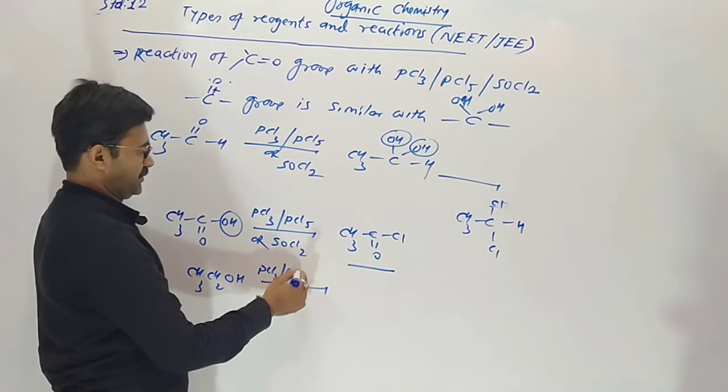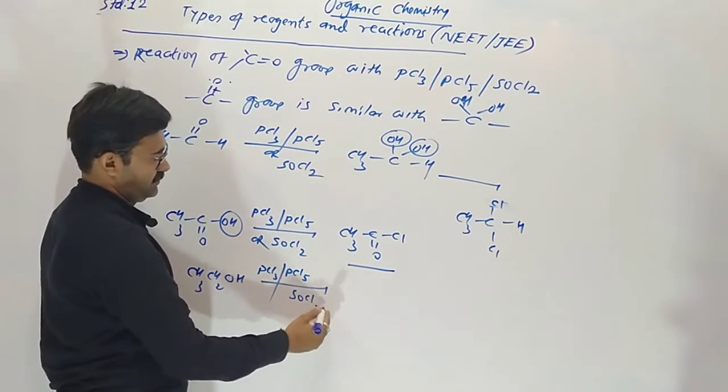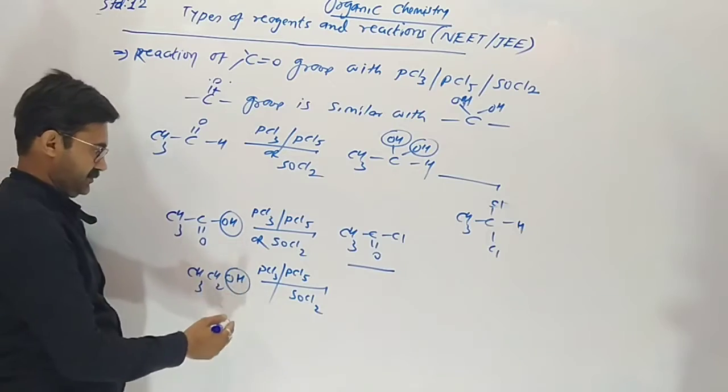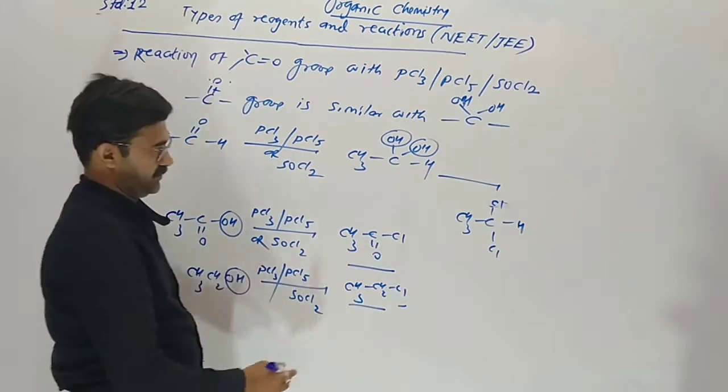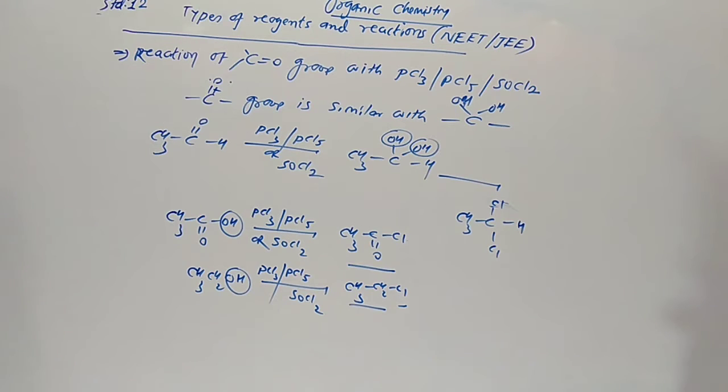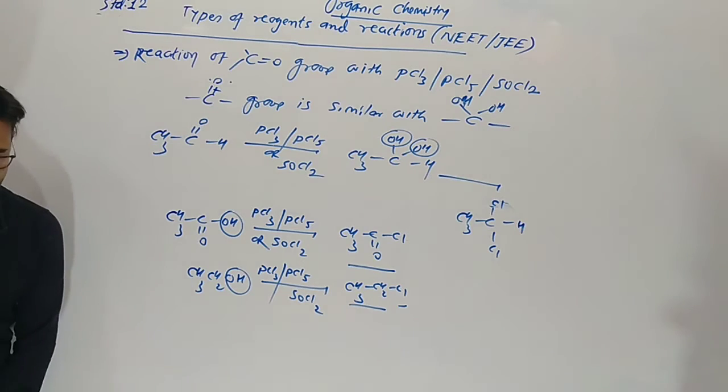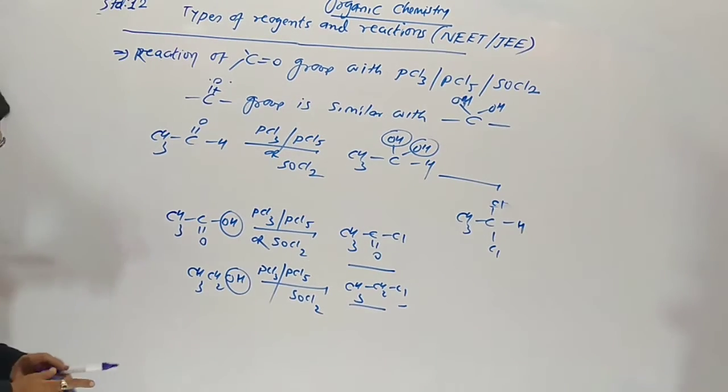Here what happens? OH group is removed by chlorine, so it gives chloroethane. These are our products.